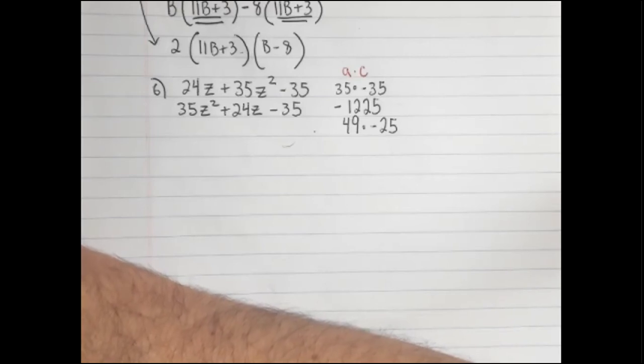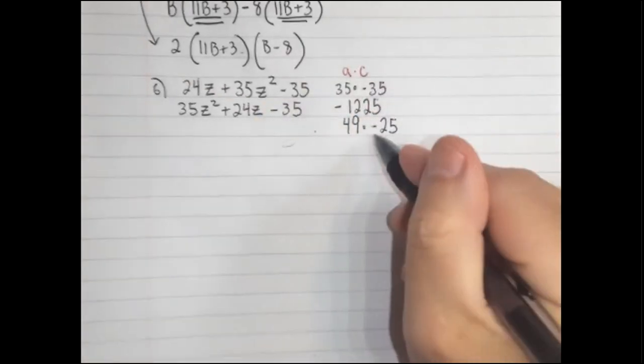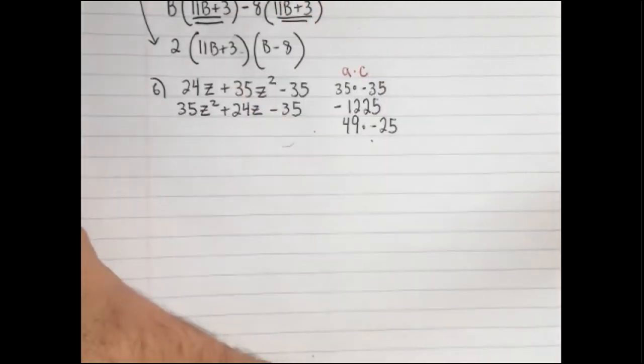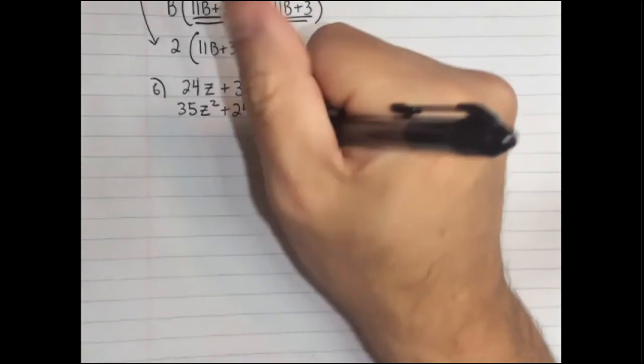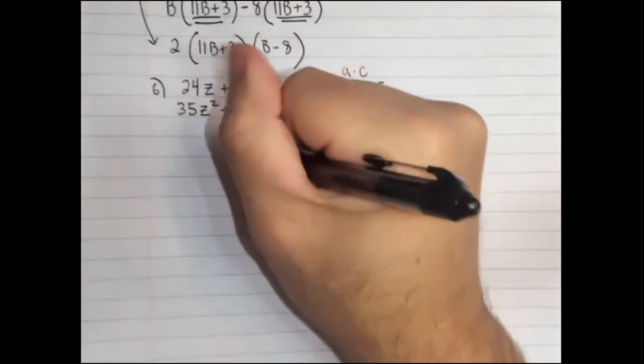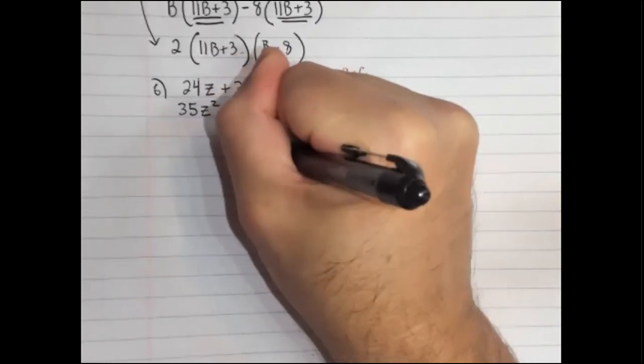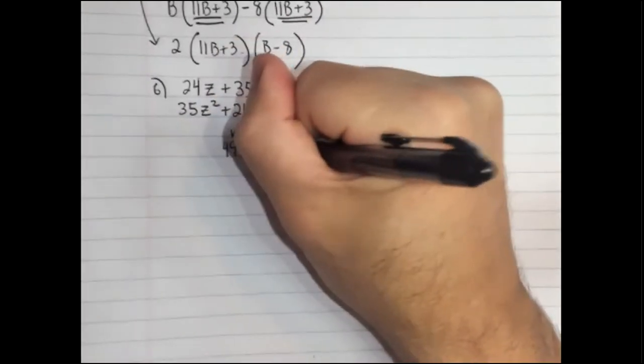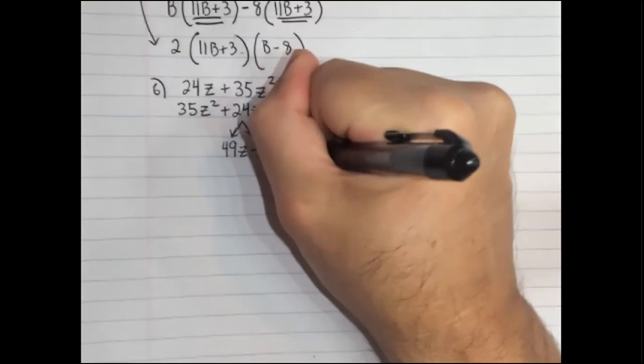But when I add these two together, I get positive 24z. So these are the numbers I'm going to use to rewrite that 24z: 49z minus 25z.